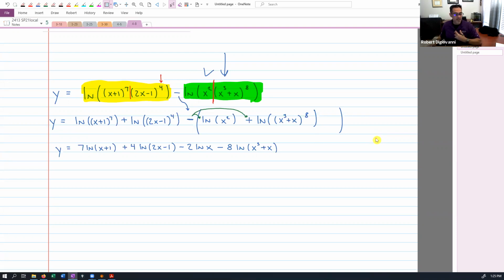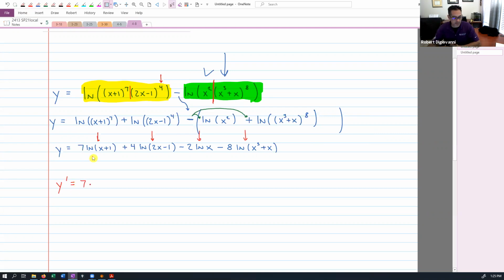And the thing that's going to make us happy about this is I have 1, 2, 3, 4 terms. I can do them one by one because I have addition and subtraction between them. So derivative time. Okay, this 7 comes for the ride.